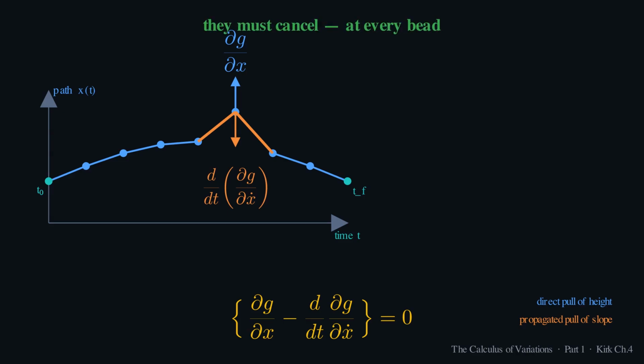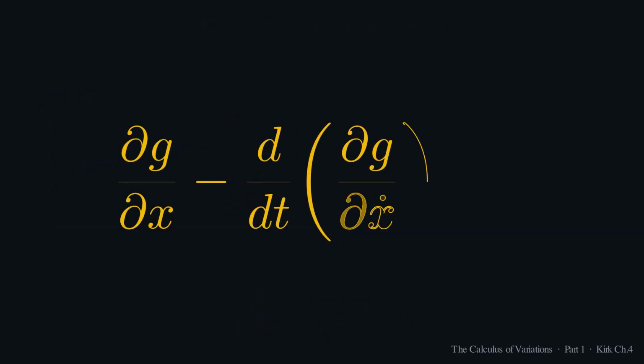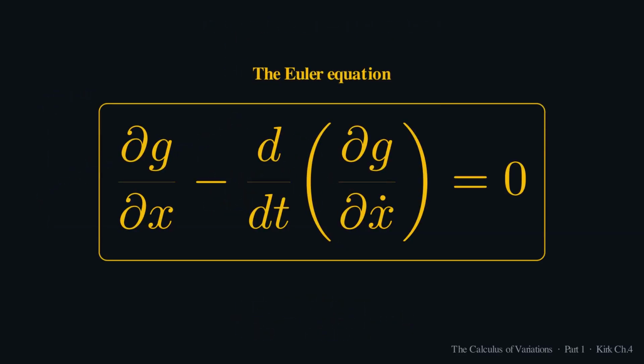On the very best path, the cost can't fall for any wiggle at all. So at every single bead, these two pulls must exactly cancel. Watch them snap into balance all along the chain. That balance, holding at every instant, is the Euler equation, partial g by partial x minus d by dt of partial g by partial x dot equals 0.